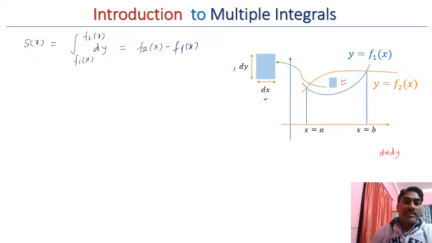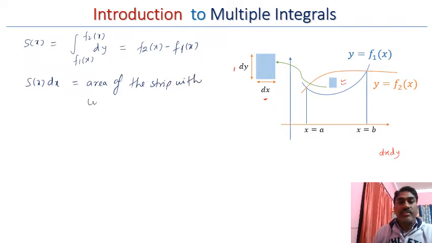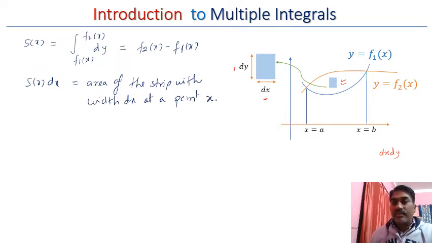So if we consider S(x) times dx, this is the area of the strip with width dx at a point x. Means we are taking a small width at some point x.